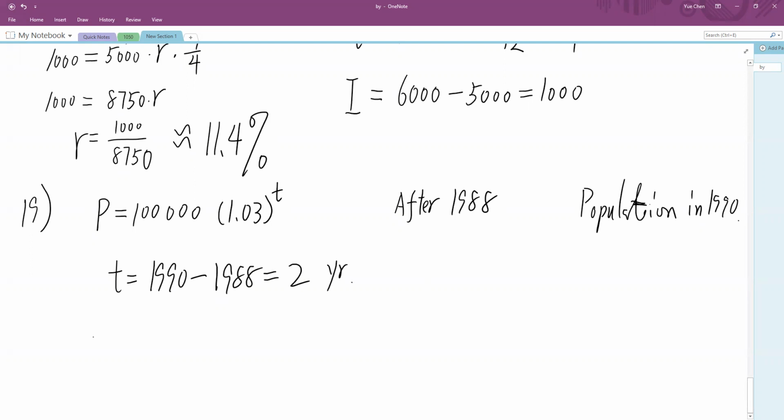So this kind of exponential growth and exponential decay problem, so far is very simple. We just plug in the numbers. Okay, so P is equal to 100,000 times 1.03 to the 2. Then you use your calculator. It would be 106,090.